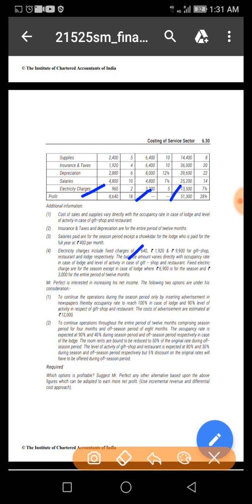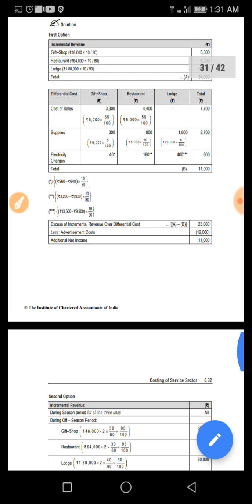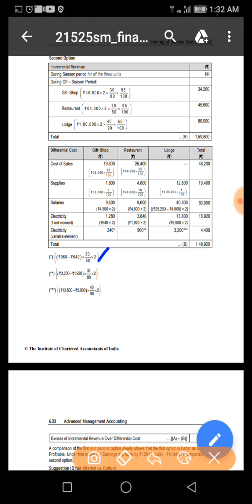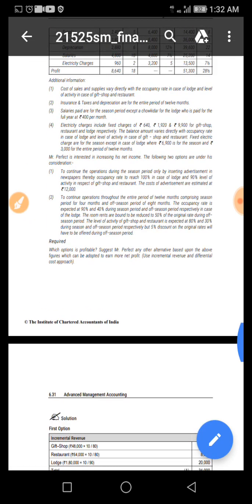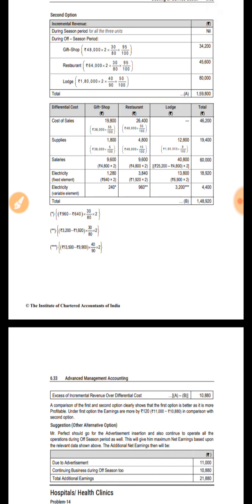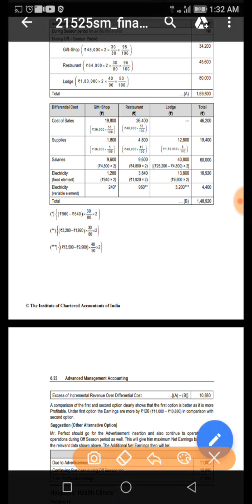From that, minus this, whatever is coming, into 30 by 80, because 30% increase is happening, no? 30 by 80, this also 30 by 80, this also 40, this 40 by 80, because this is 40% happening. Right, this is 40% happening. Okay, loss 40% is happening, so that's 40 by 90. So into 2 is for both the seasons. Okay, so we got electricity also.